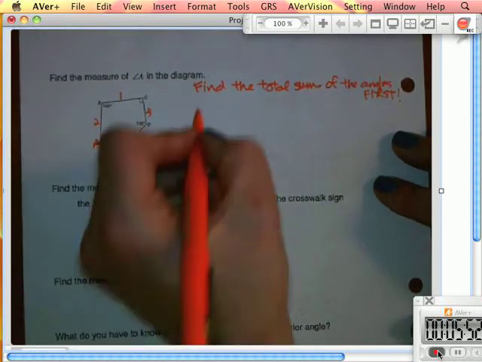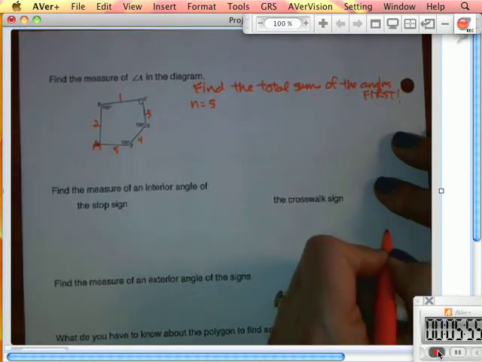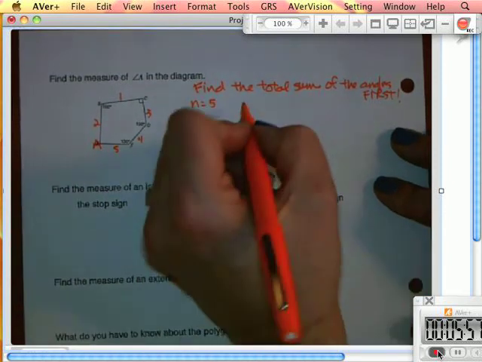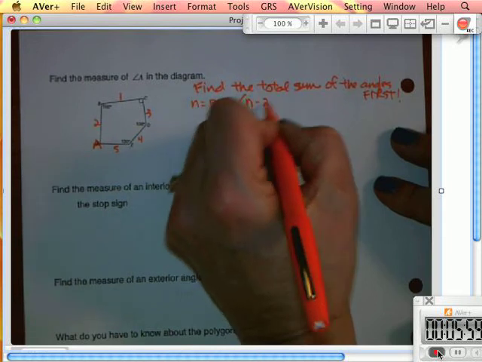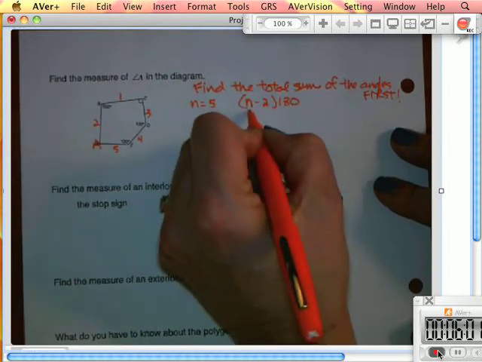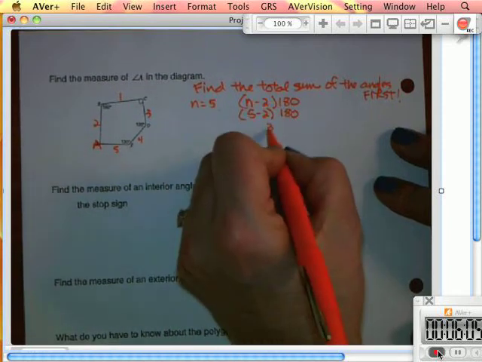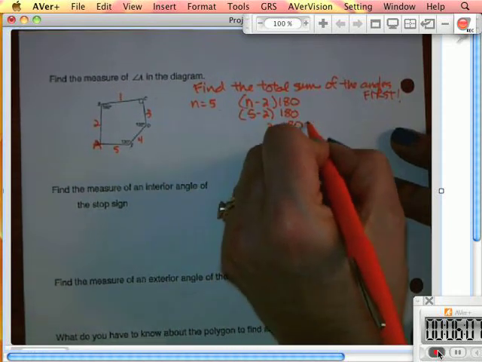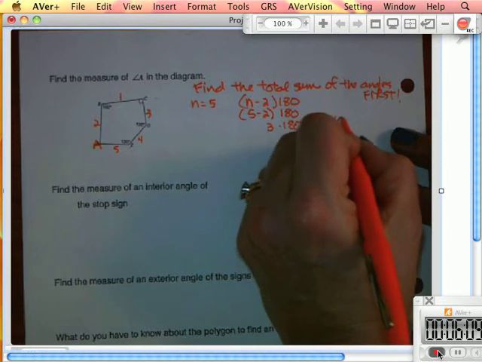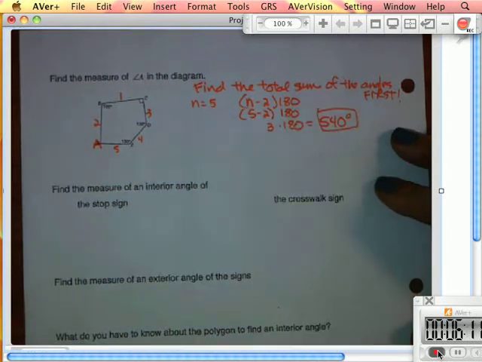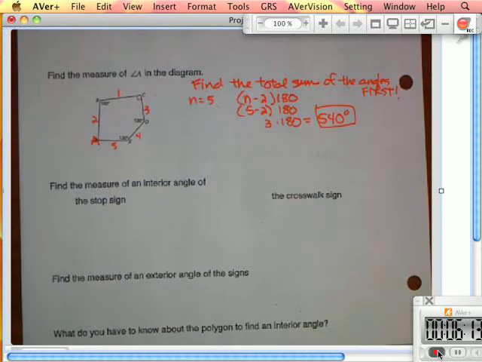So n is 5. So I'm going to do n minus 2 times 180. 5 minus 2 times 180. 3 times 180. The total, all five angles add up to 540 degrees. Now I can figure out what A is, right?